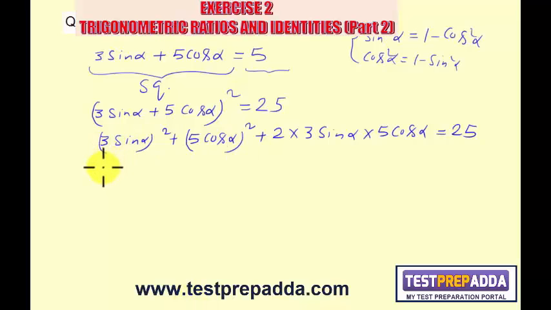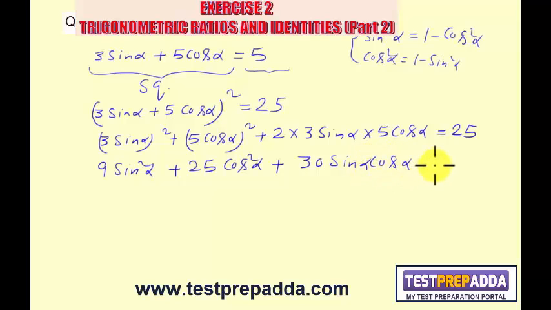Now, this will become 9 sin square alpha plus 25 cos square alpha plus 30 sin alpha cos alpha is equal to 25. Now use these identities.